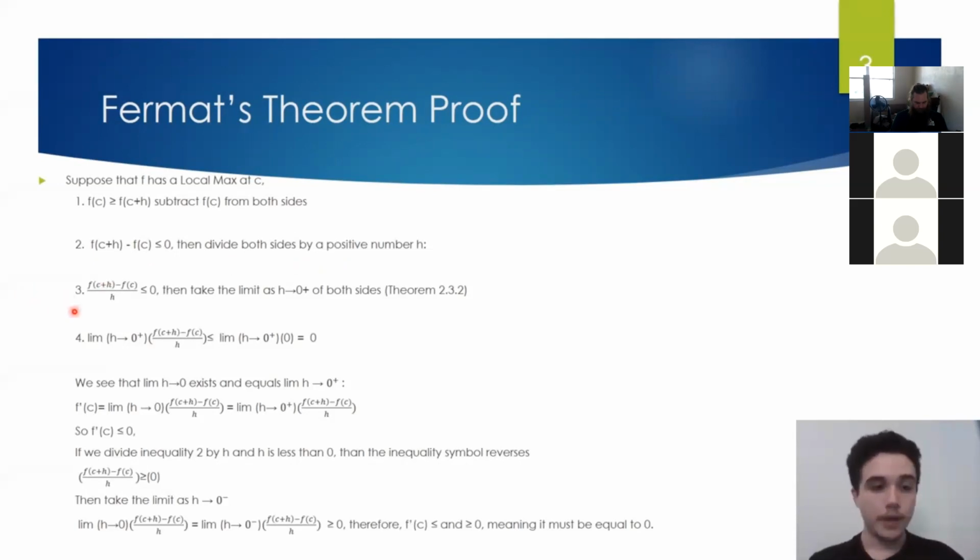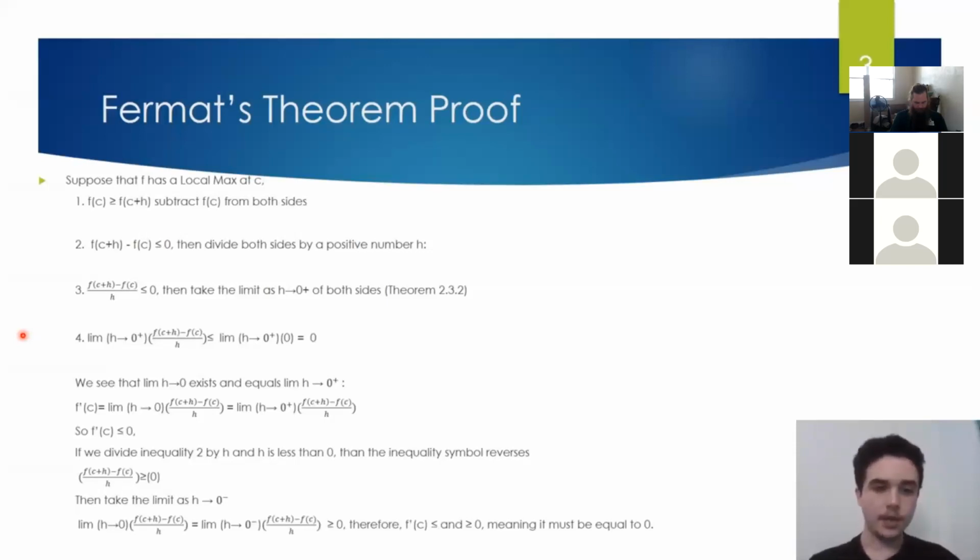So we divide by h, like they said, so we get f of c plus h minus f of c over h is less than or equal to 0. Then we take the limit as h approaches 0 of both sides. We have here the limit as h approaches 0 from the right of f of c plus h minus f of c over h is less than or equal to the limit as h approaches 0 from the right of 0, which equals 0.